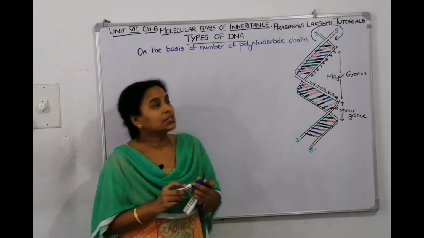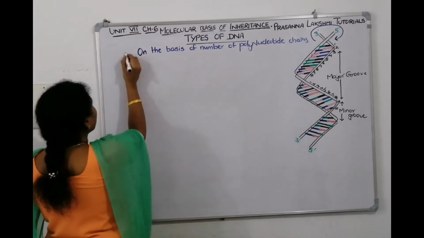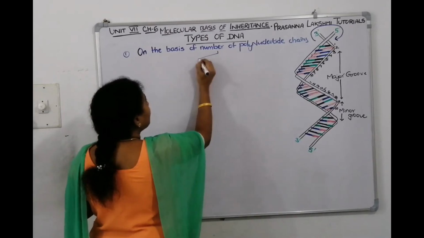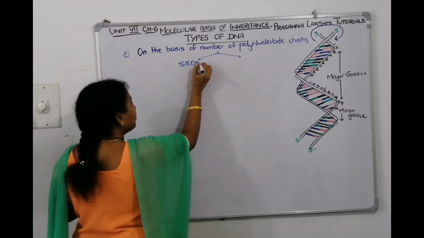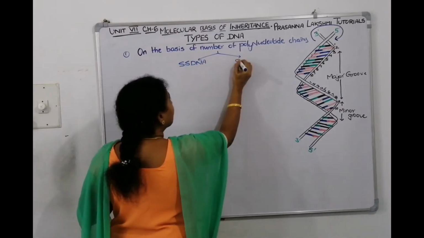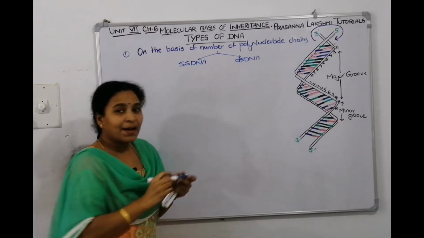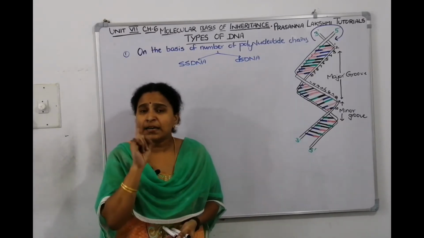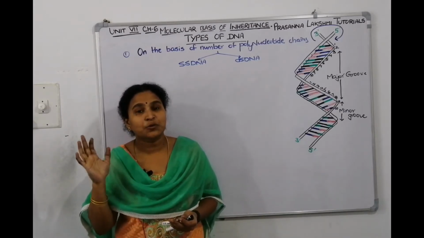So on this basis, we can divide it into single stranded DNA and double stranded DNA. This is the first way of classification. We can divide into single stranded DNA containing organisms and double stranded DNA containing organisms. We have to list the examples. For single stranded DNA containing organisms, one popular example is given in the NCERT textbook also.